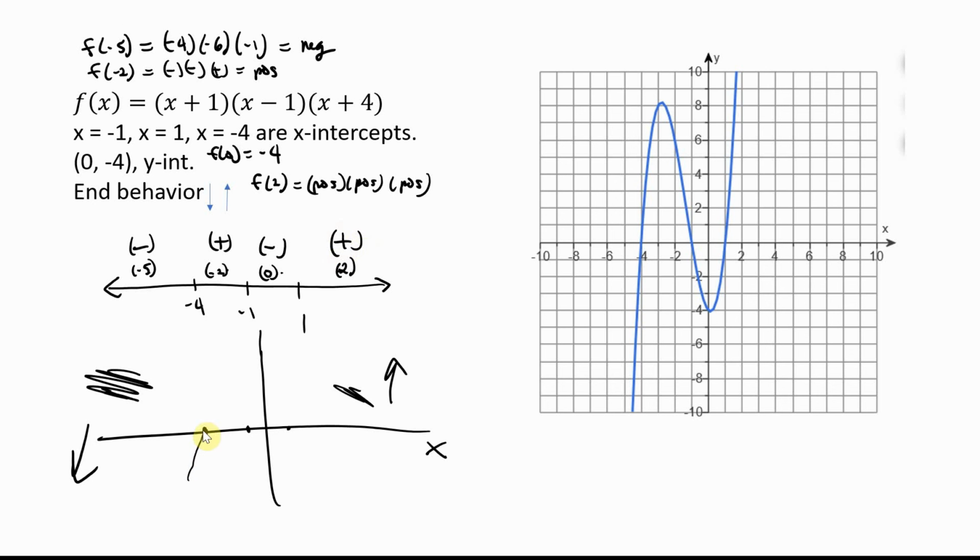So negative is down, and when it gets from -4 to -1, it's positive, it's above. And it has to push down at those x-intercepts, right? Then from -1 to 1 is negative. It goes under the x-axis. It touches at the y-intercept, so it comes back up here. And then from 1 to positive infinity, it's positive. So it's good. That's how I used to do it.